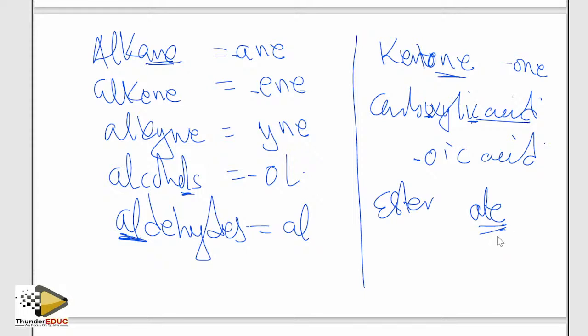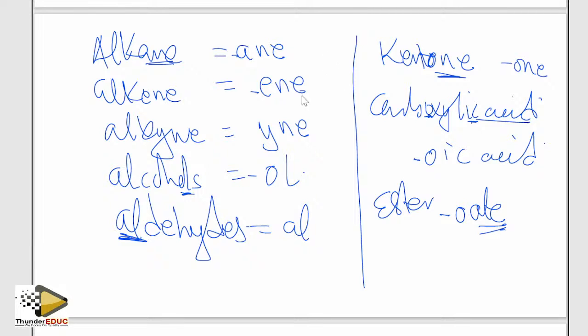Whenever you say ate, it means something which is a salt or negatively charged, like nitrate or sulfate. I'm not saying that all negatively charged molecules end with ate, but in most cases salts are negatively charged, therefore they end with ate.